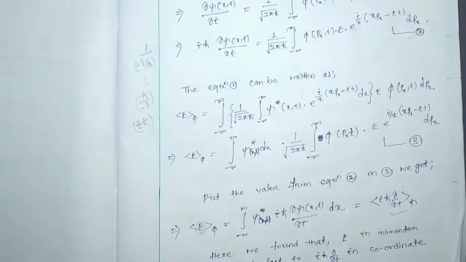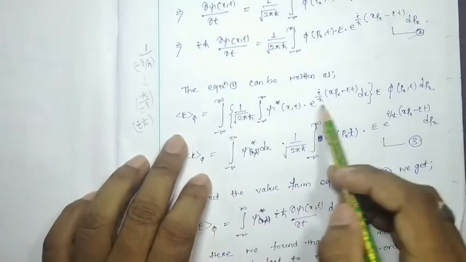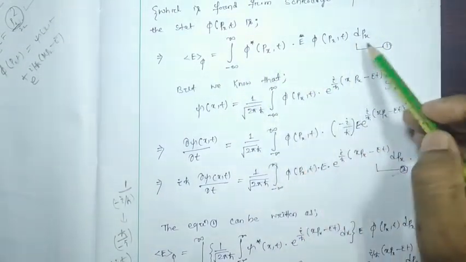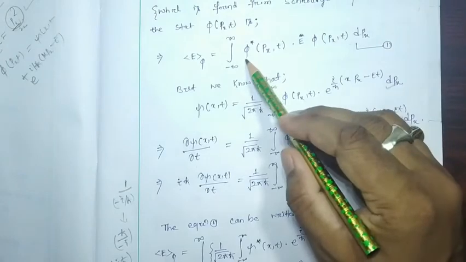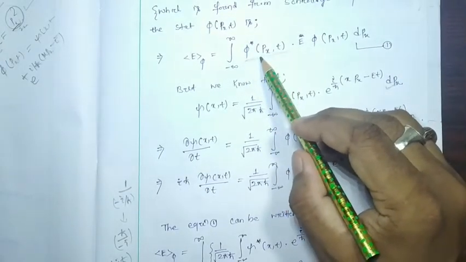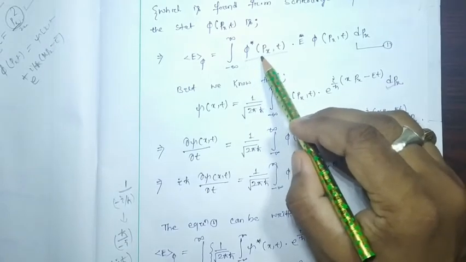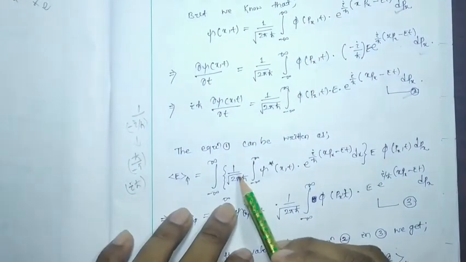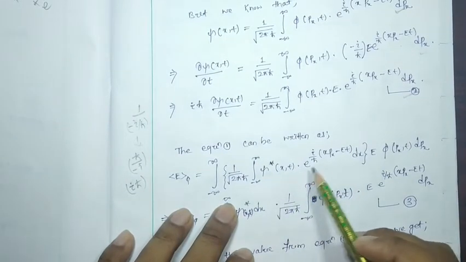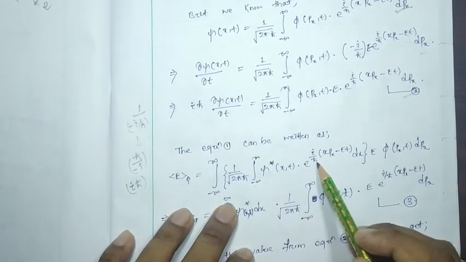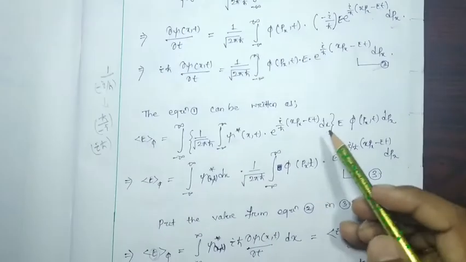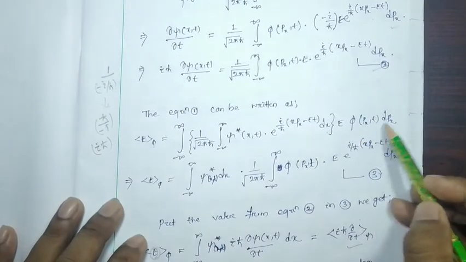Now equation number 1 can be written in this form. Here what we have done is retain phi of x,t, the wave function, or the complex conjugate of the wave function in momentum space, which will be nothing but this one: 1 by root 2 pi h cross, psi star of x,t and e to the power i by h cross x px minus Et into dx, and phi of px,t dpx.